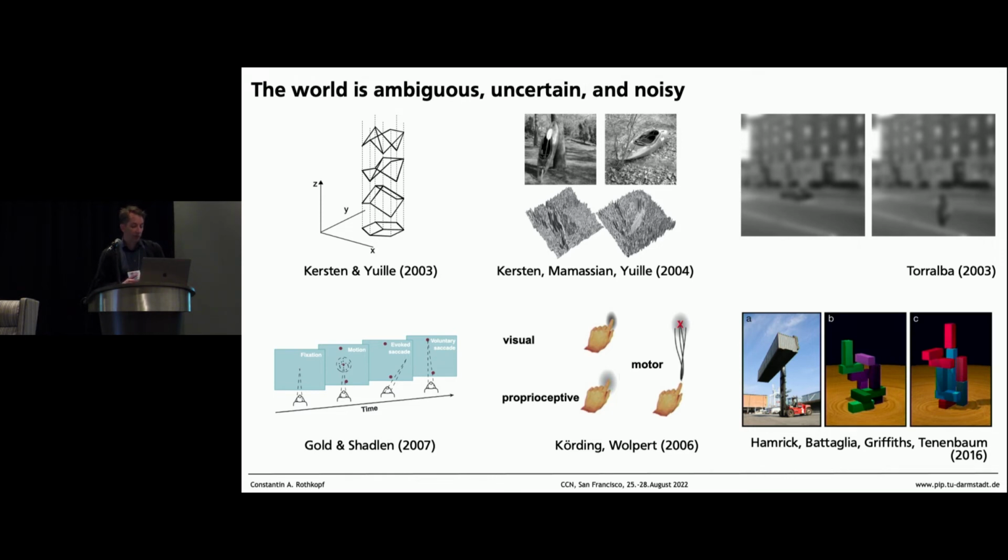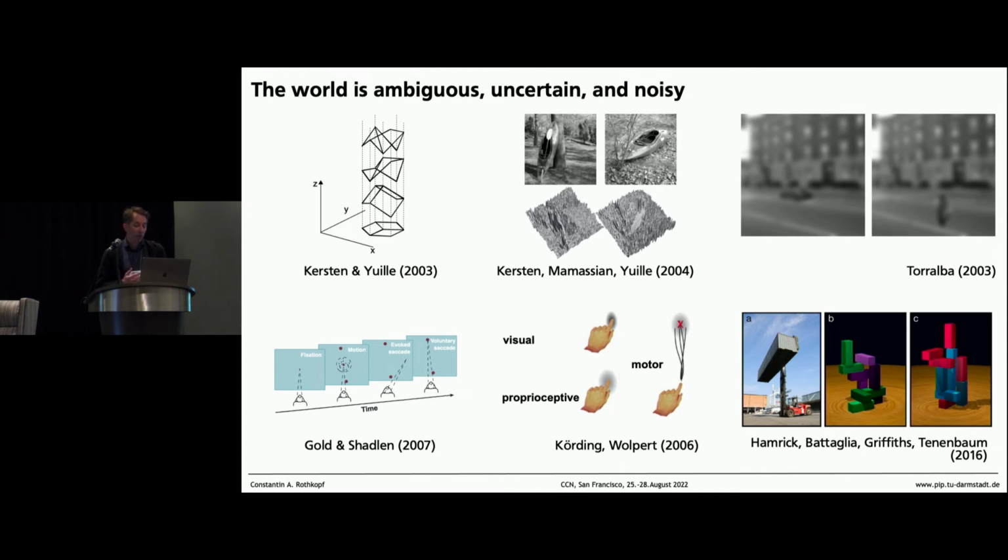You can also look at stimuli that change over time, so then you can have sensory measurements that are combined sequentially to reduce the uncertainty about what's out there in the world, like in these evidence accumulation experiments. And in motor control, it's very clear that motor actions are noisy in the sense that there is outcome variability, but there are also consequences of actions that depend on the intrinsic world.